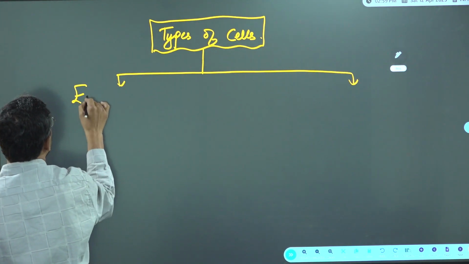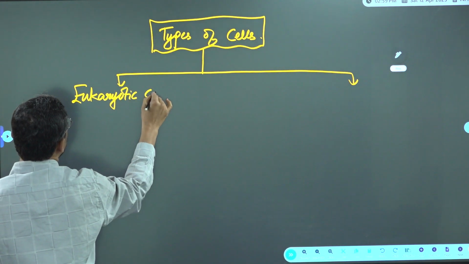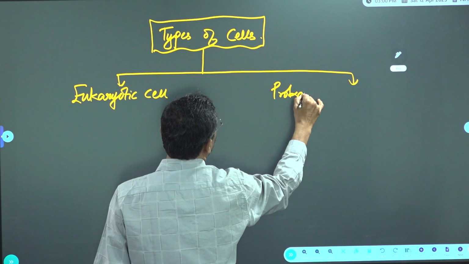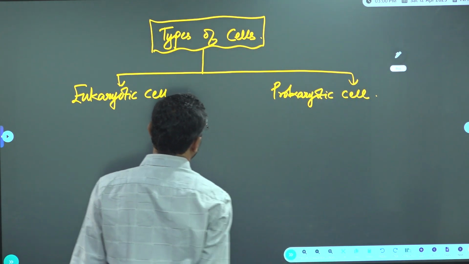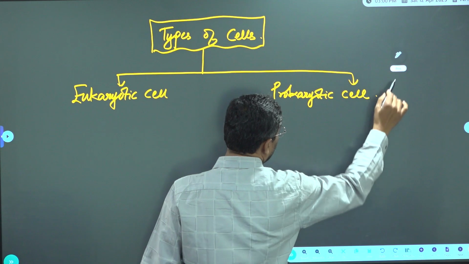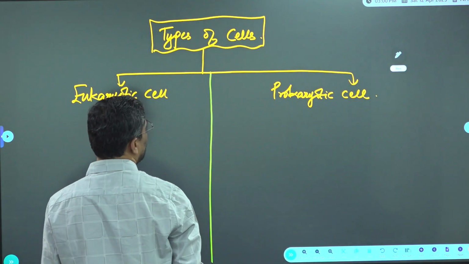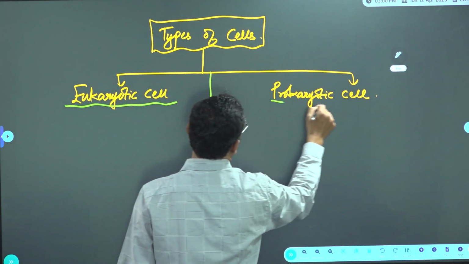They are eukaryotic cell and prokaryotic cell. The cells are broadly classified into two types: eukaryotic cell and prokaryotic cell.